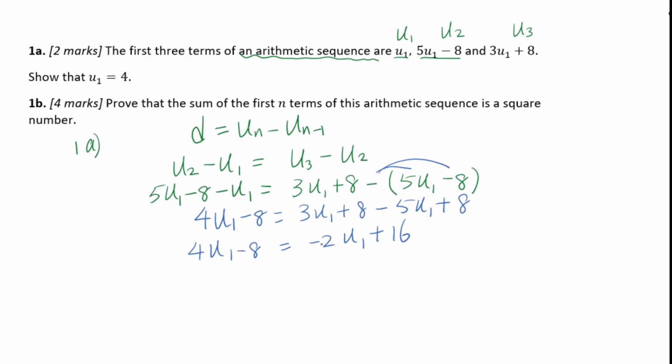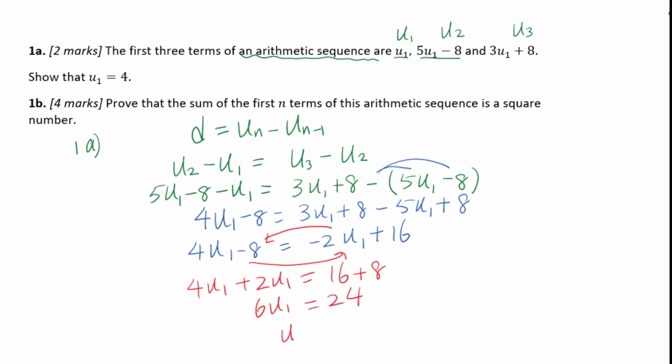Since this is a linear equation, isolate the variable on one side. So we have 4 u sub 1 plus 2 u sub 1 equals 16 plus 8. 6 u sub 1 equals 24, divided by 6, u sub 1 equals 4.